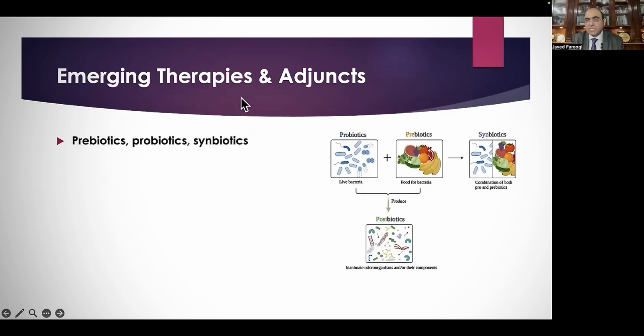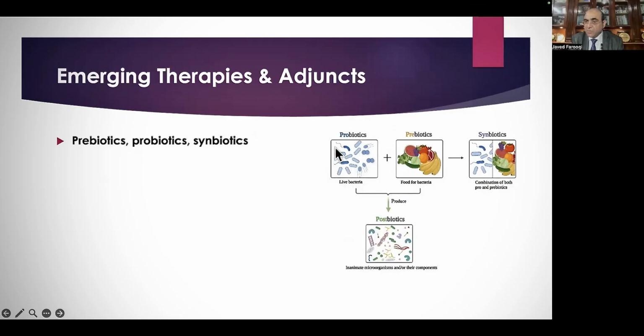What are the emerging therapies and adjuncts? It's the prebiotics, probiotics, and synbiotics. The probiotics, that is the live bacteria, and prebiotics, that is the food for bacteria. When we combine this, this is called synbiotic. It is a combination of both pro and prebiotics.